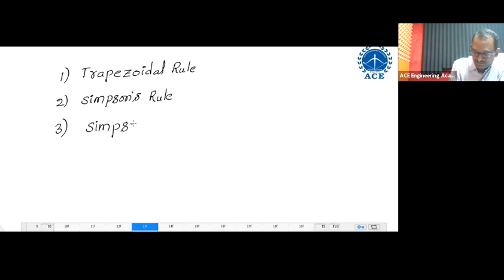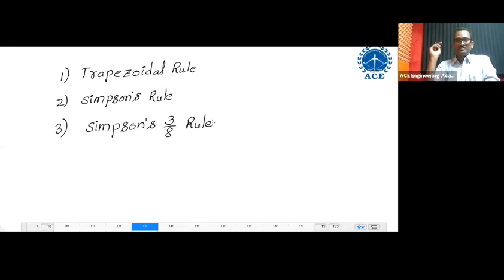Several methods are there, but in our syllabus we have the trapezoidal rule, Simpson's 1/3 rule, and Simpson's 3/8 rule. The purpose of these three methods is to find the value of any integral which we are unable to solve directly.